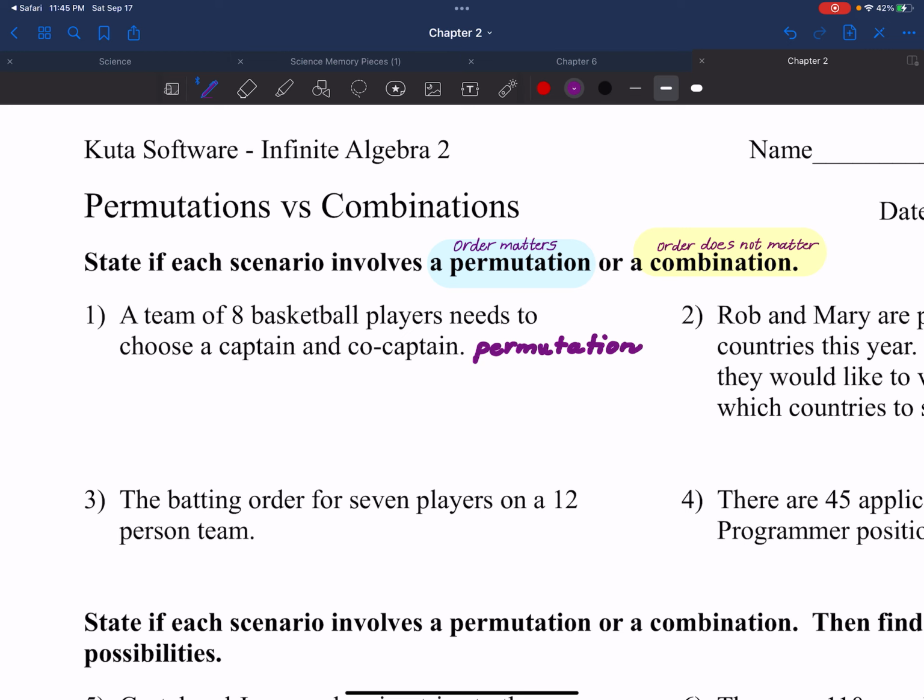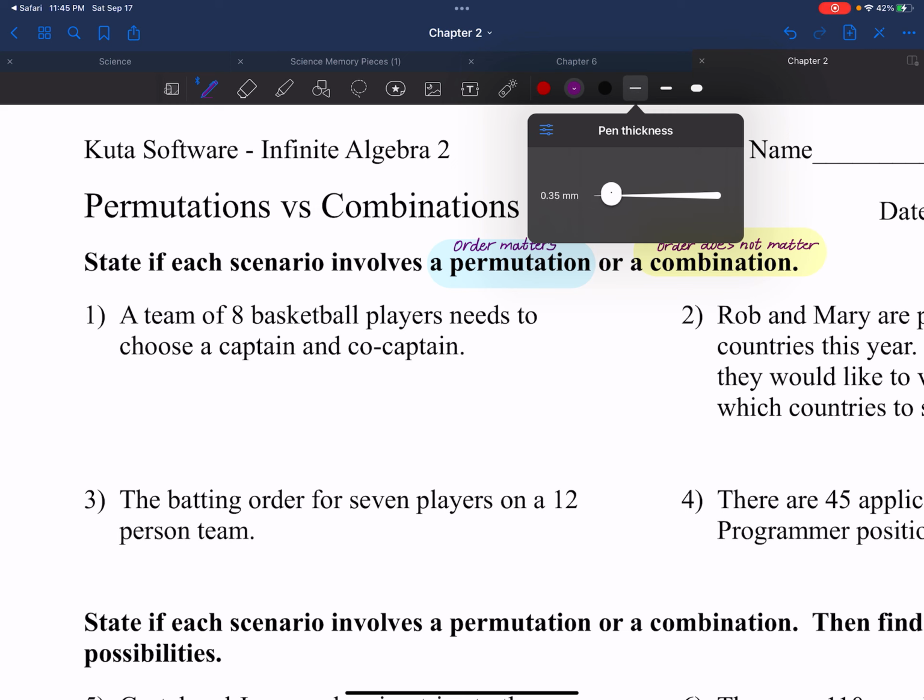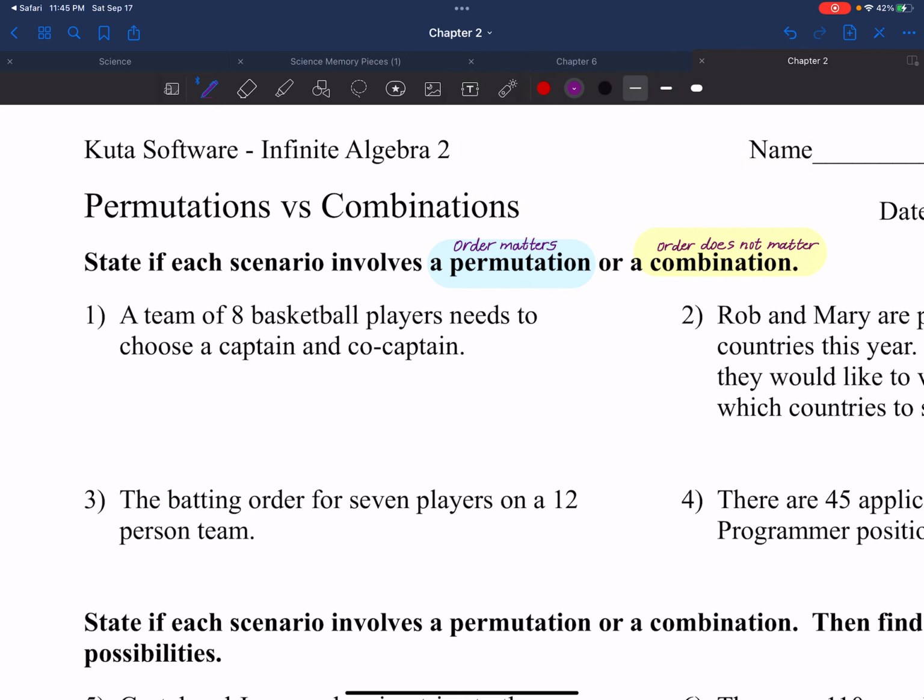Okay. And I think I want to go ahead and just solve these as I'm doing them. Because I am going to need some more room, let me try to go back a little bit on the pen size. So this first one is a permutation.